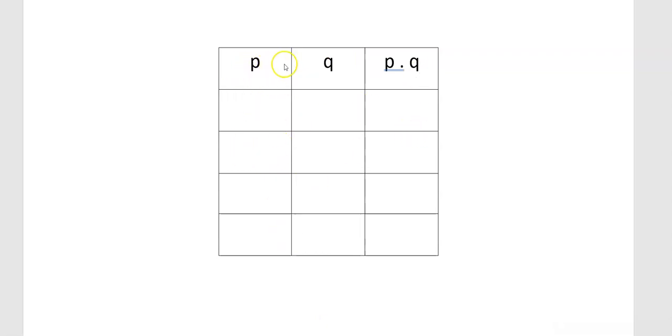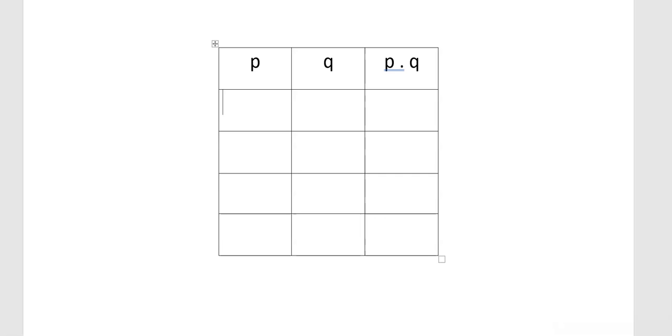In the top row, I have written 2 simple statements, P and Q, and the third column is the relationship of conjunction between them, P dot Q. So as you are already informed, depending on the number of component statements, we decide how many possibilities of truth value of their combination there could be.